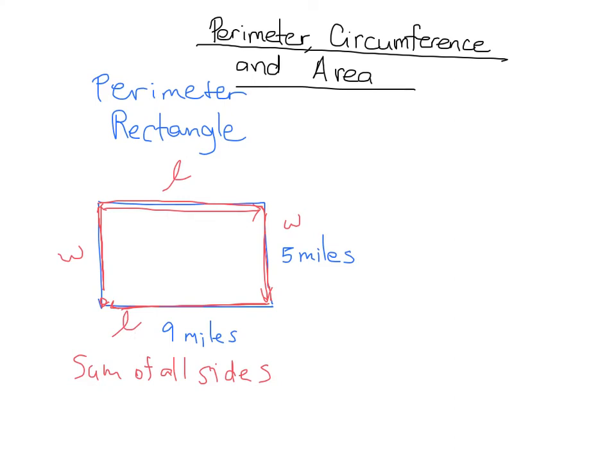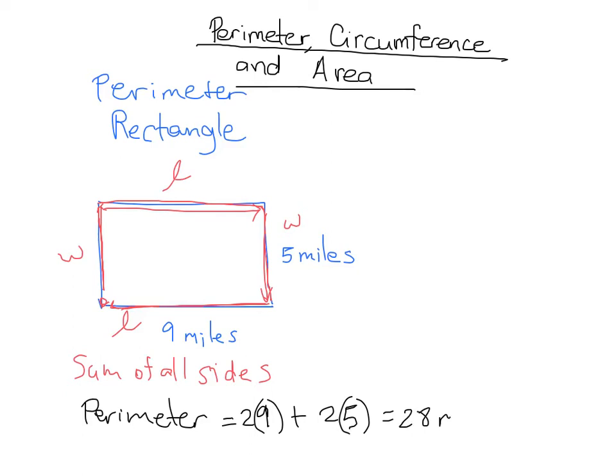And so in this case, perimeter of this figure is equal to 9 plus 9, so 2 times 9, plus 2 times 5, which is equal to 28 miles. So if you walk all the way around this park, you're actually walking 28 miles.